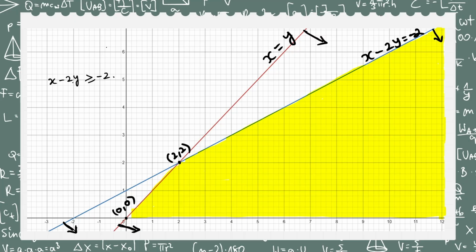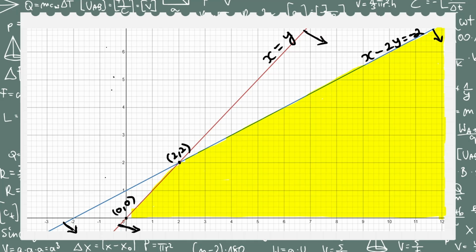When we put 0, 0 for x and y, we get 0 minus 2 times 0, which is also 0. 0 greater than or equal to minus 2 is true, right? So that means the side which contains the origin will be the feasible region for the blue line.